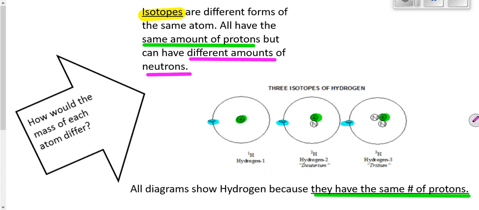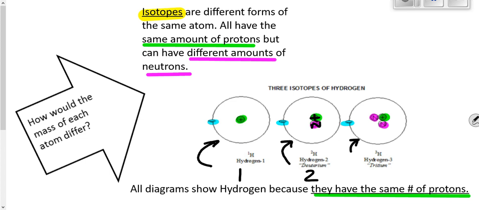But what's different is the number of neutrons. The first version has no neutrons. The second one has 1, and the third one has 2. Remember that the mass depends on the number of heavy things in the middle. So in this first one, the mass of that atom would be 1. In the second atom, because we have 1 proton and 1 neutron, it weighs 2.